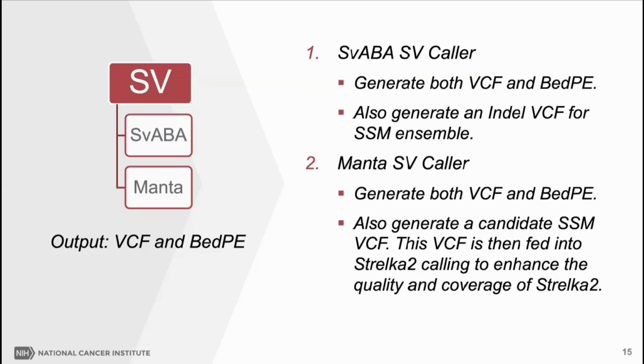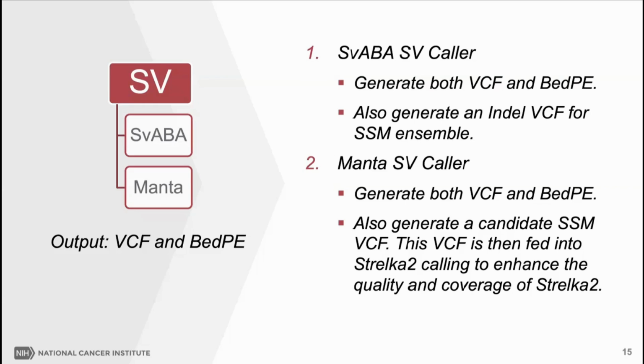Manta, we use a little bit differently. In addition to the structure variants, Manta also generates an SSM VCF called the candidate VCF, but it's a much larger VCF that contains a lot of potential somatic variants. A lot of those are false positives, as we can see. So instead of treating that VCF as an independent final product, we use it as input for joint Manta Strelka 2 calling.